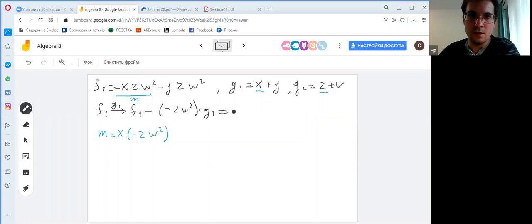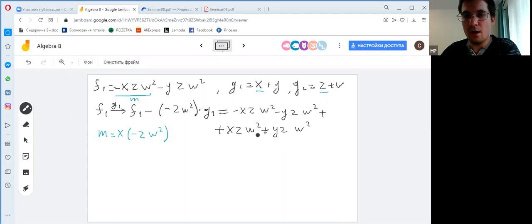This is minus x z w squared minus y z w squared, plus, because there are two minuses, plus x z w squared and plus y z w squared.